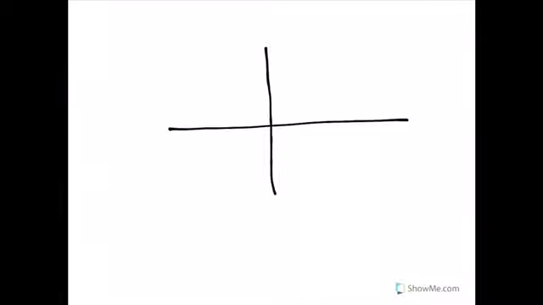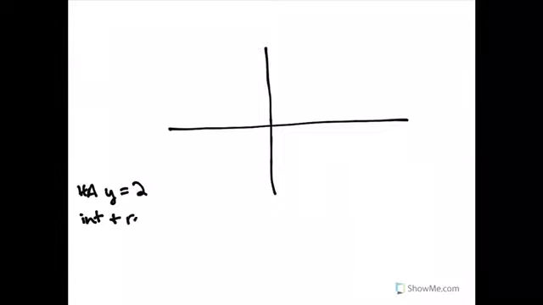Okay, so we have information that tells me there are no vertical asymptotes. My domain is all real numbers. We have a horizontal asymptote at y equals 2. We have an intercept, which also is the relative minimum at 0, 0.